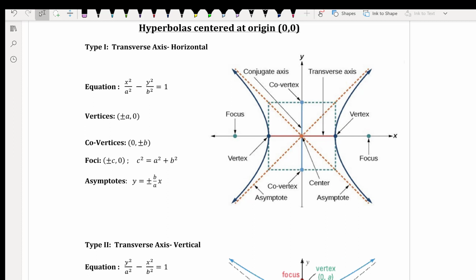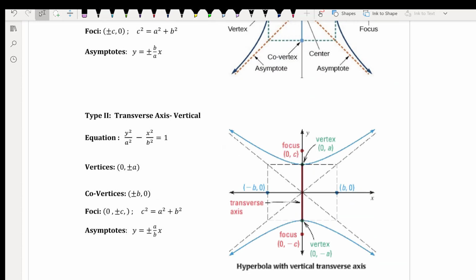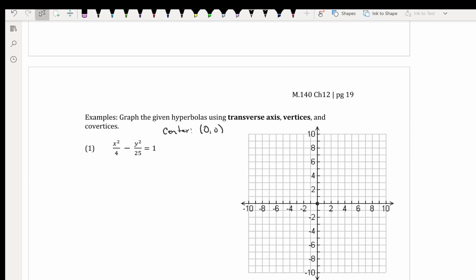My vertices are plus or minus a, where a is the denominator of x. So I know here that my a squared is equal to 4. So a is equal to 2, which tells me that my b squared is equal to 25, so then b is equal to 5. So I know that my vertices are going to be at 2, 0 and negative 2, 0.